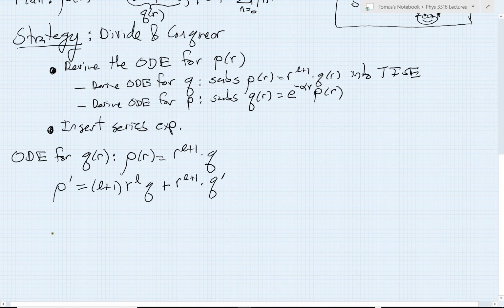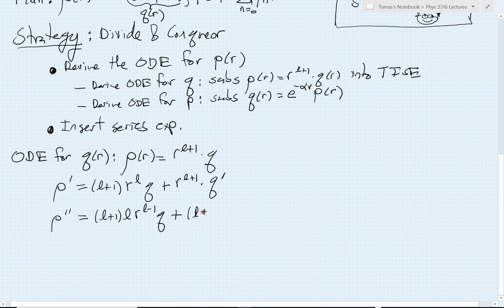Continuing along then, of course, I could write rho double prime. I now need to take a second derivative of something that is a sum of two products. So in the first case, once again, we'll be taking first the derivative of the first term here. So I'll have L plus 1 times an L comes down now, R to the L minus 1, multiplying Q. Plus then I have the case where the derivative hits Q instead, which will just turn it into a Q prime.